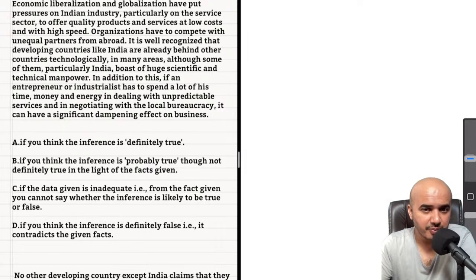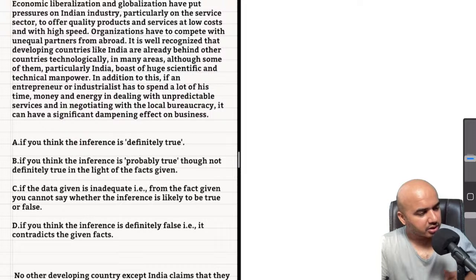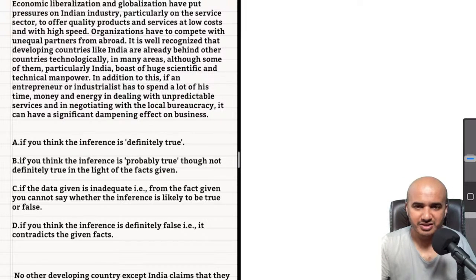It is well recognized that developing countries like India are already behind other countries technologically in many areas. So it is a recognized fact, they say, that we are technologically behind in many areas, although some of them, particularly India, boast of a huge scientific and technical manpower.